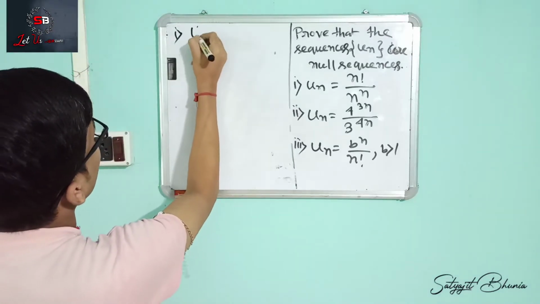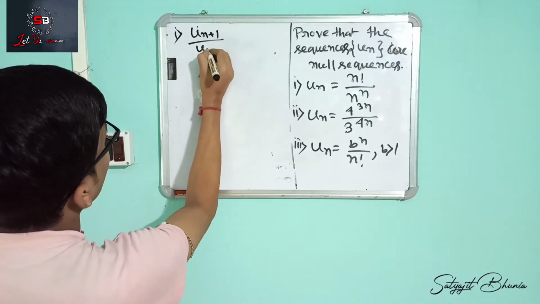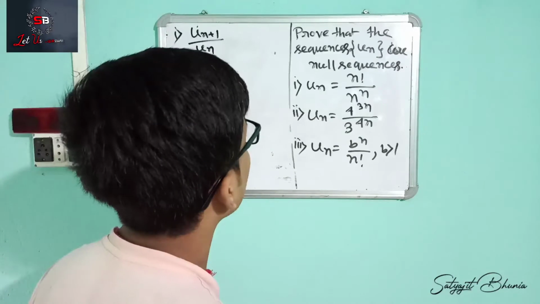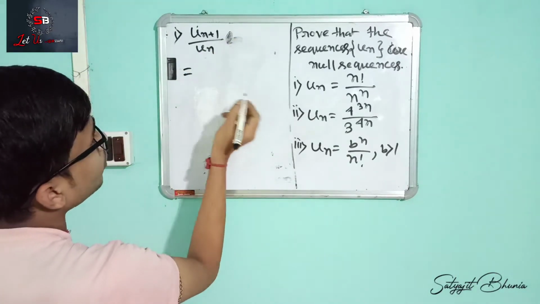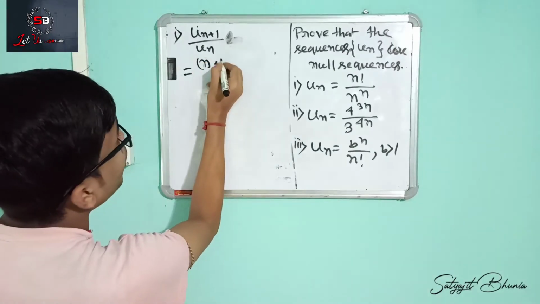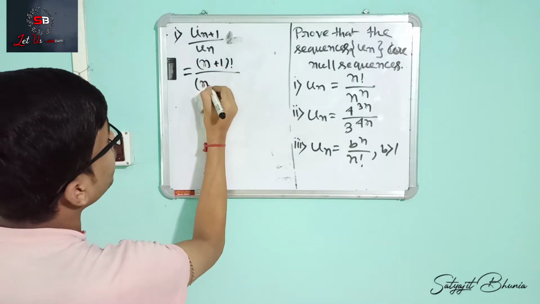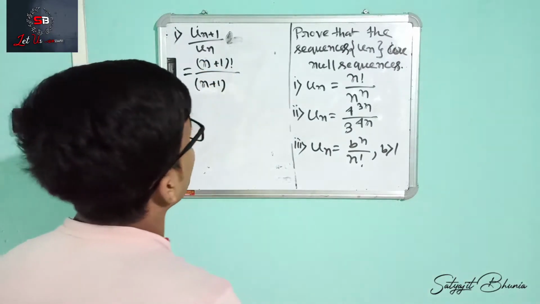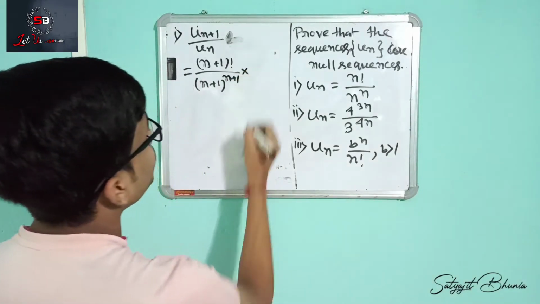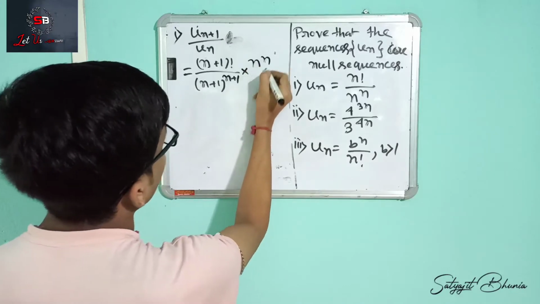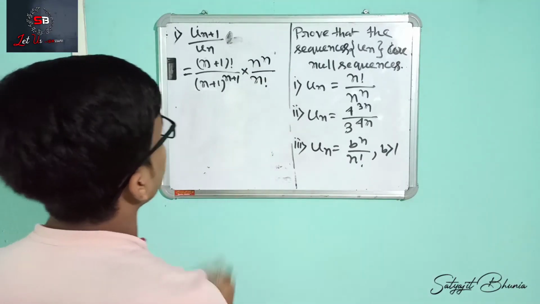For the first one, we will first find un plus 1 by un, which is equal to n plus 1 factorial by n plus 1 whole to the power n plus 1, into n to the power n by n factorial.